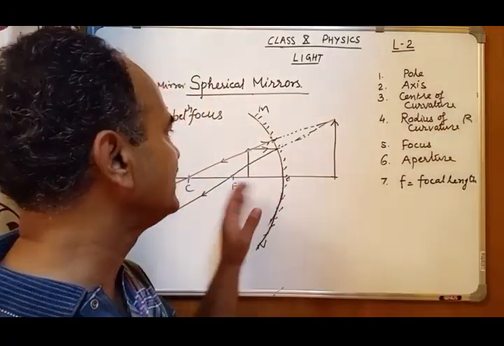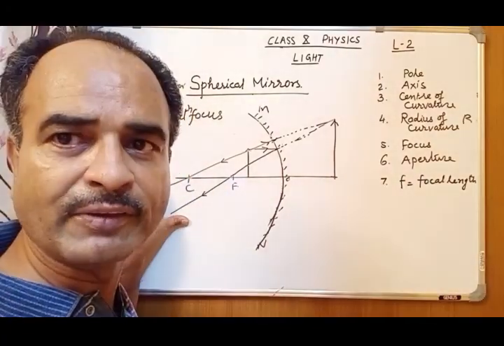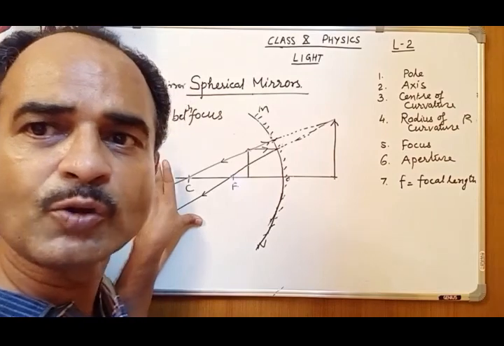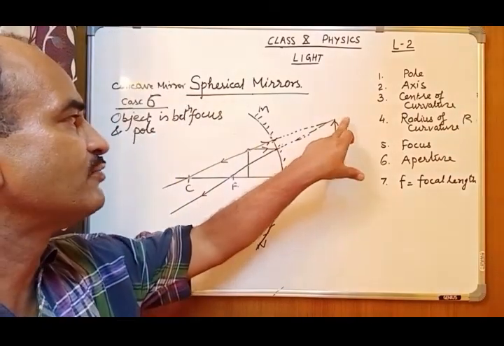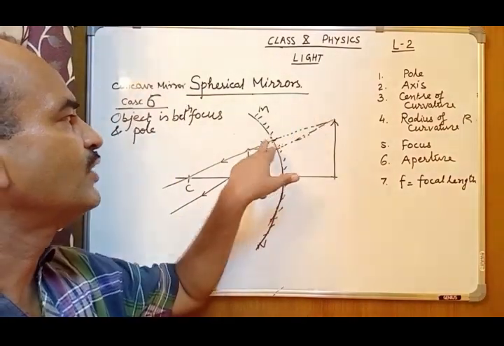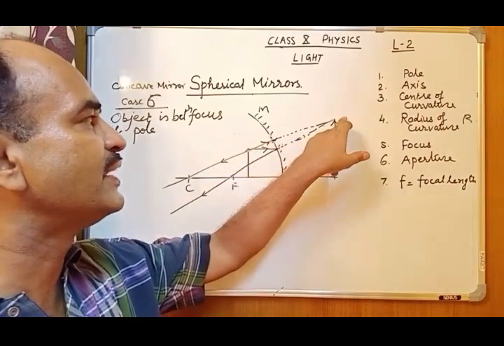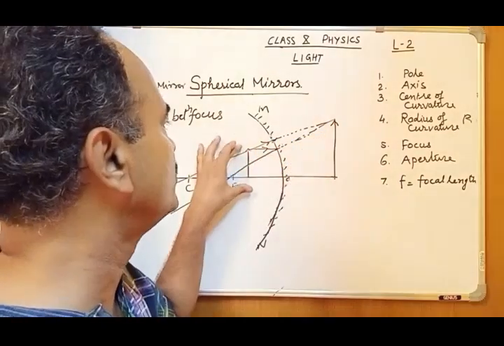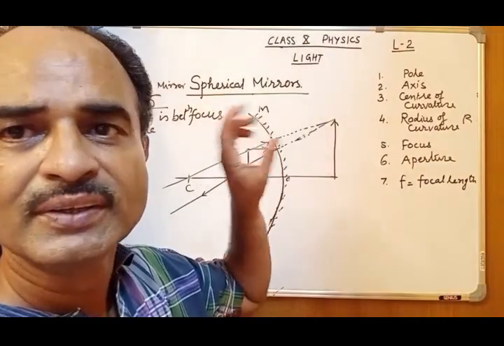If we extrapolate these two rays, they will meet at this point, and this will correspond to the upper point of this particular image.